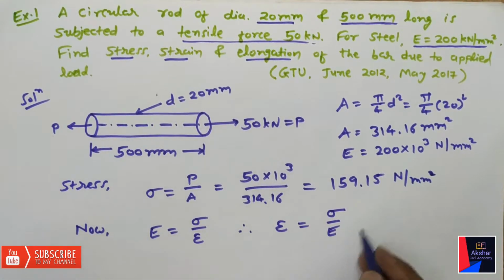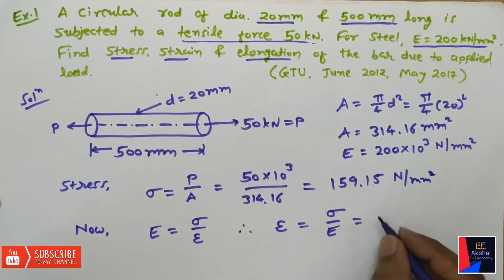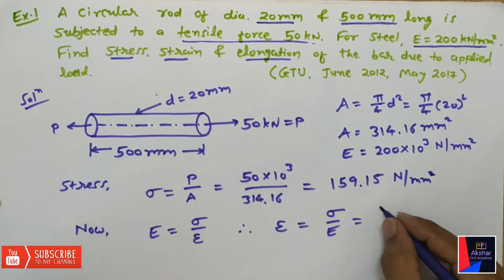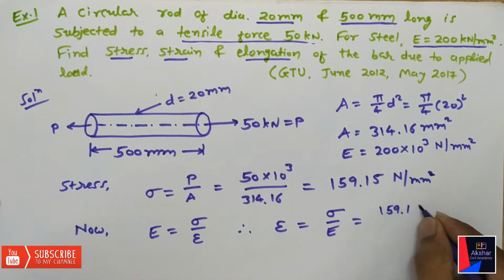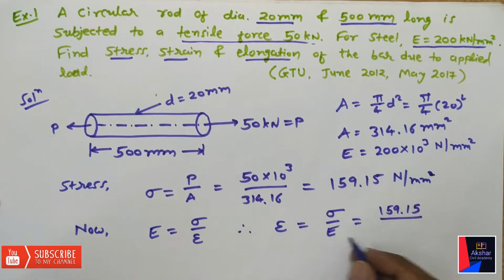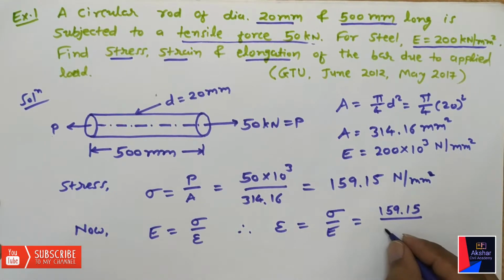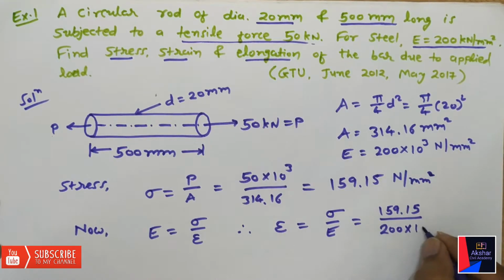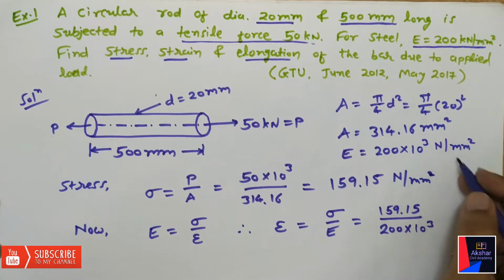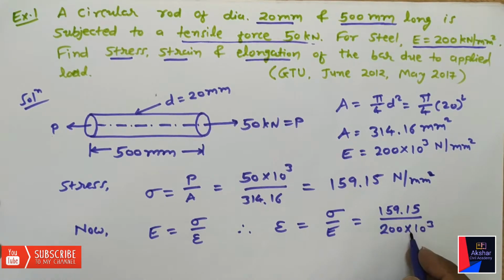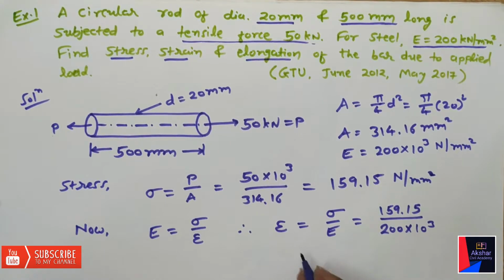We have the value of both, so we can put the value of stress here, 159.15 divided by E. The value of E is 200 multiplied by 10 raised to 3. That's why we converted to Newton per mm square, because both should be of the same unit. That's why it will be easier.